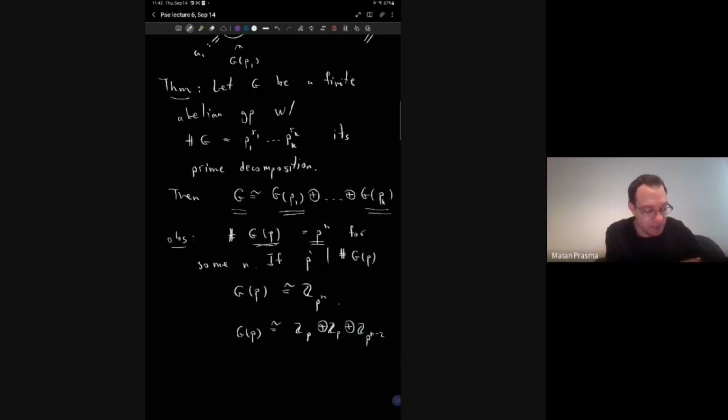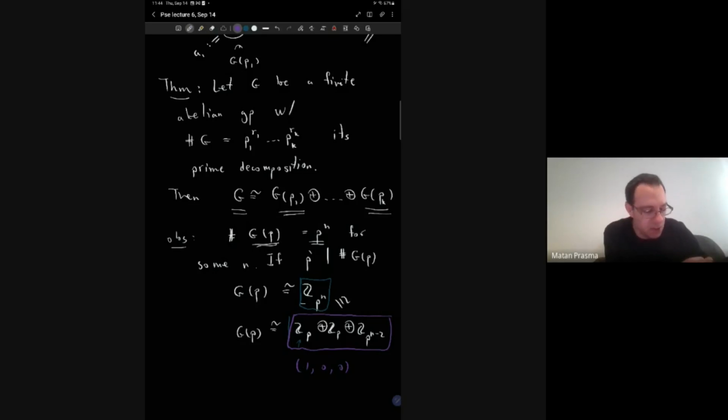These two groups are not isomorphic because the upper one, the blue one, is a cyclic group. In the lower one, the purple one, you have an element (1, 0, 0) whose order is p.